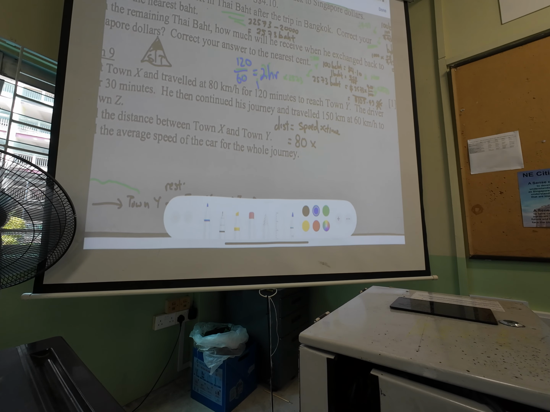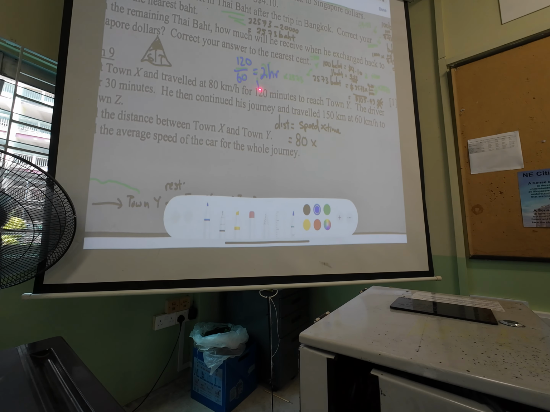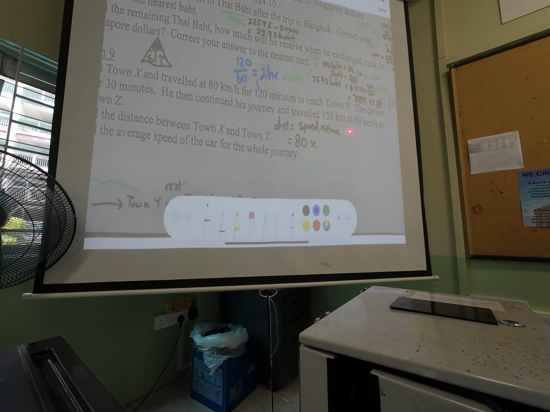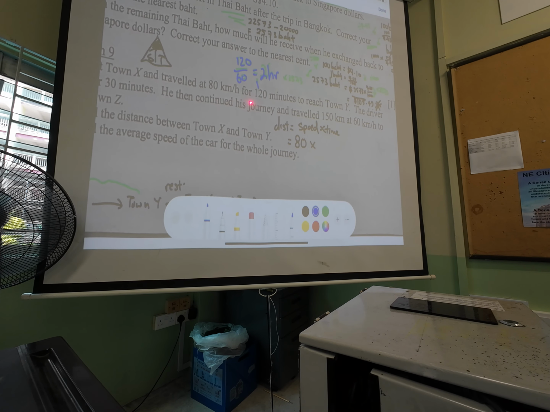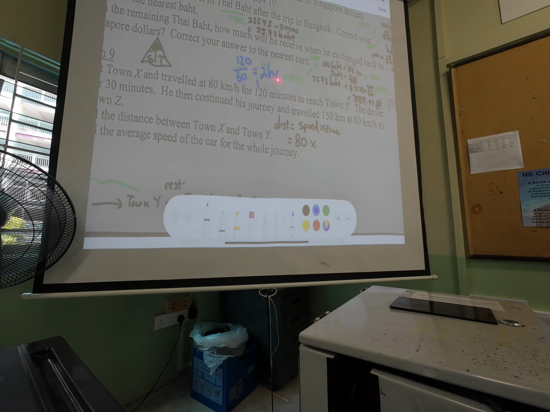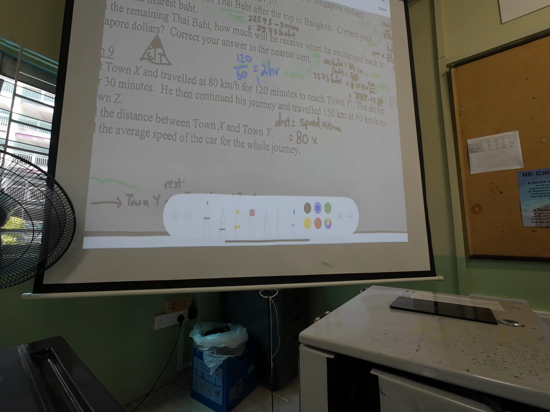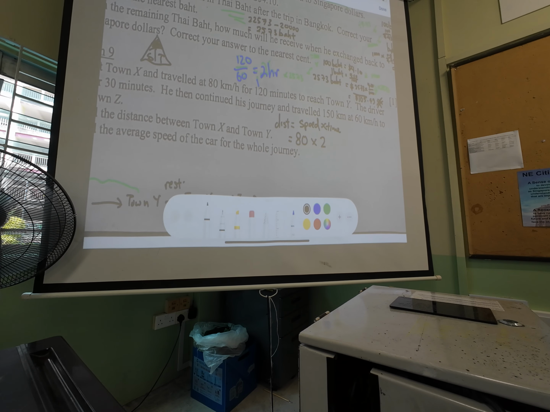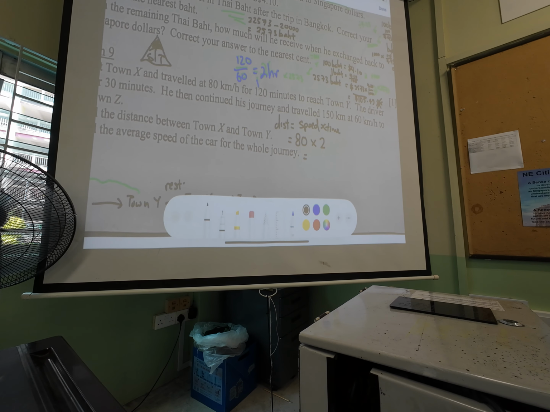So I can now multiply my speed and the time. Speed is in km/h, time is in hour. In hour it is 2. So the distance is equal to 160 kilometers.